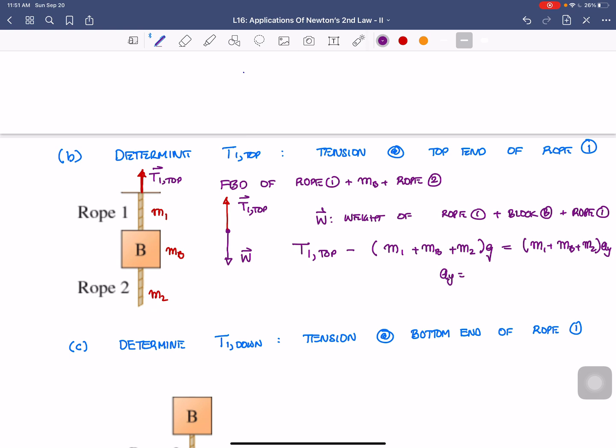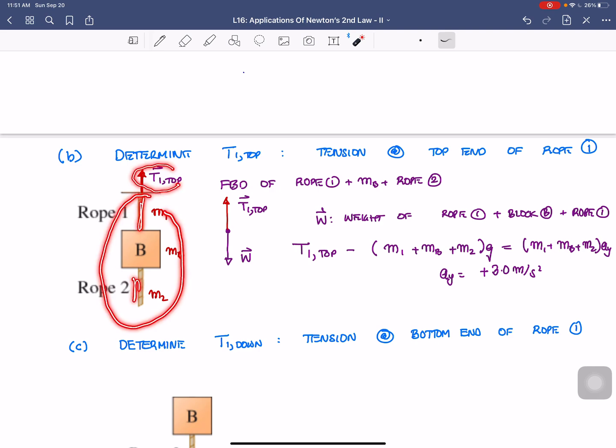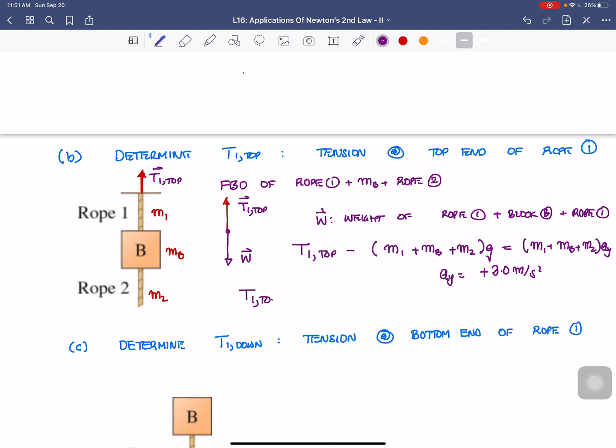A sub y, of course, is the same, plus 3 meters per second squared. So this equation is saying that the tension at the top end of rope 1 is responsible for accelerating everything below it. And remember, since these ropes have some mass, we cannot ignore those masses. And so T1 top is equal to M1 plus M sub B plus M2 times g plus a sub y.